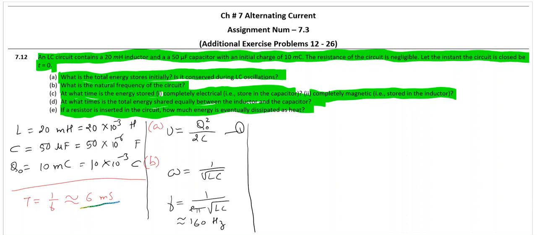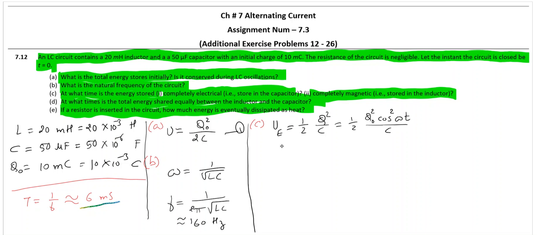See, in case of an LC oscillator, the electrical energy, the energy stored in the capacitor, can be given as UE is equal to half Q square by C. So at any given time, it will be Q0 square cos square omega t by 2C.